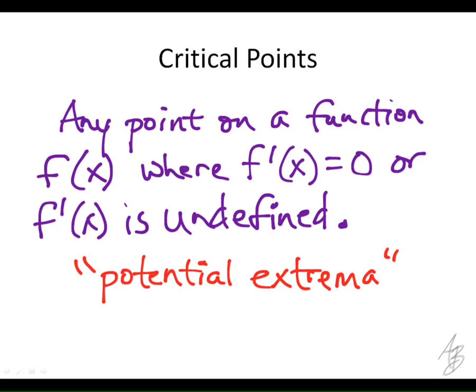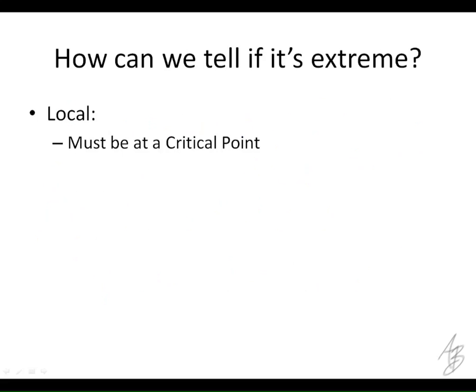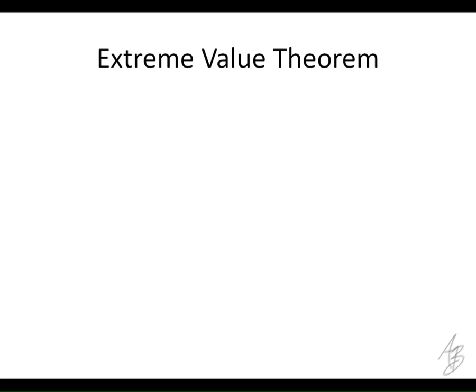Okay. So how can we tell if it's an extreme value? The important thing here with local extrema is that it must be a critical point. The extreme value theorem is a pretty important theorem in calculus, or at least it uses calculus to prove the theorem, although it's not necessarily a calculus theorem. You don't use calculus in the theorem itself.